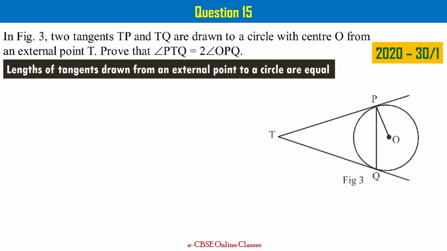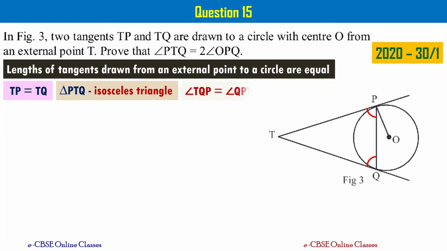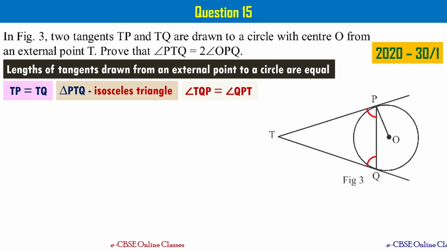We know that lengths of tangents drawn from an external point to a circle are equal. This is the theorem, right? As per that, we can say that TP equal to TQ, right? Another thing we can say is triangle PTQ is an isosceles triangle. It means angle TQP is equal to angle QPT, right? Those two are marked using red color lines in the figure.